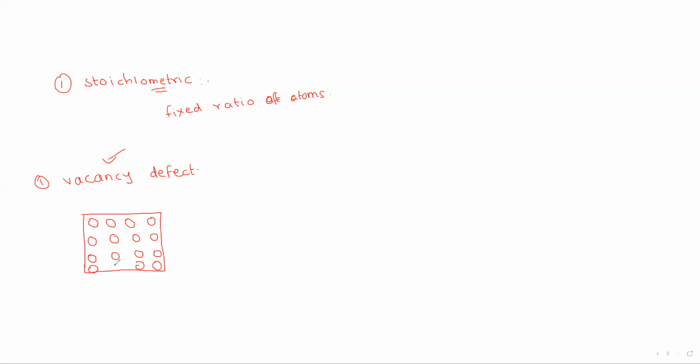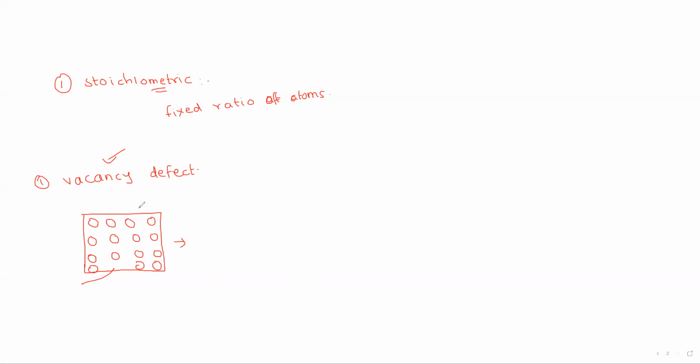Now, if a particle leaves its original or regular site in the crystal, then a vacancy will be created. And then this defect is called vacancy defect, which means during crystallization of a solid, a particle is missing from its regular site, creating a vacancy in that structure. Then that defect is called vacancy defect.